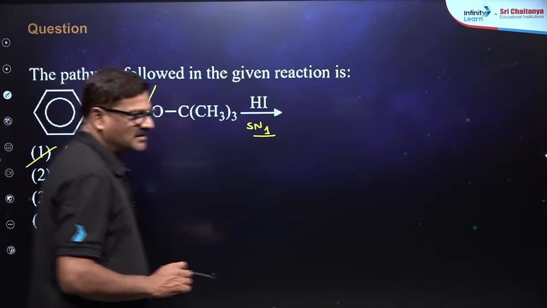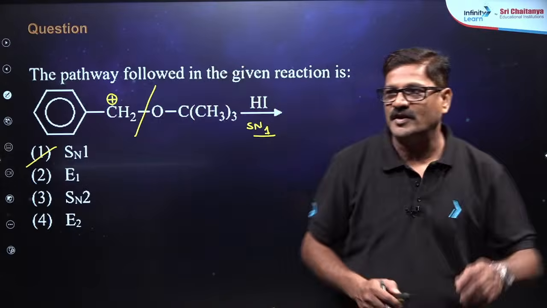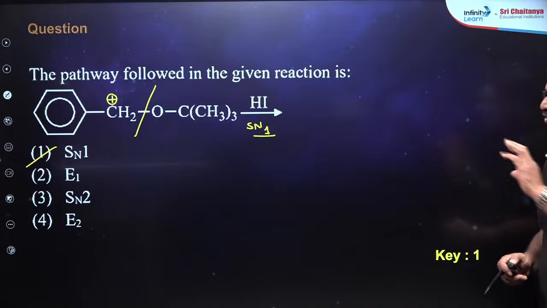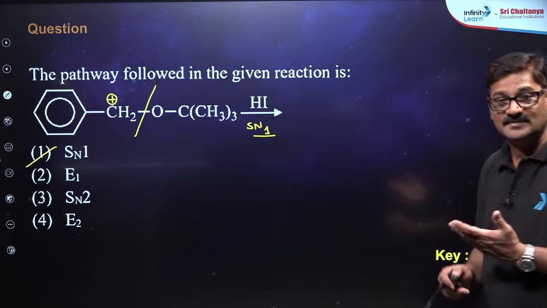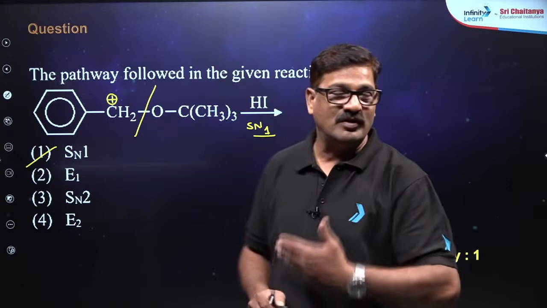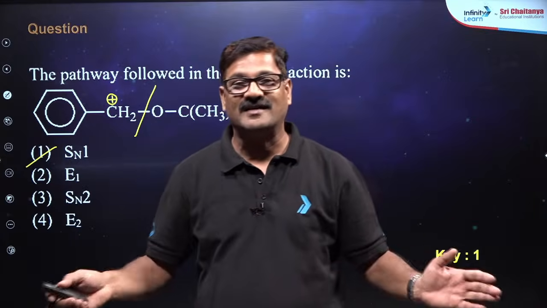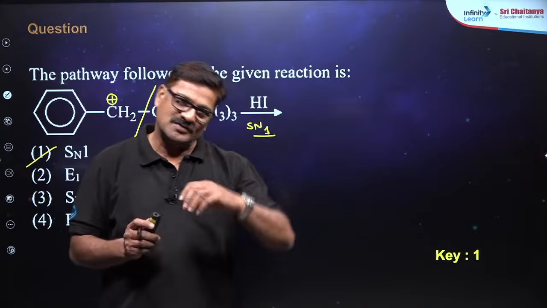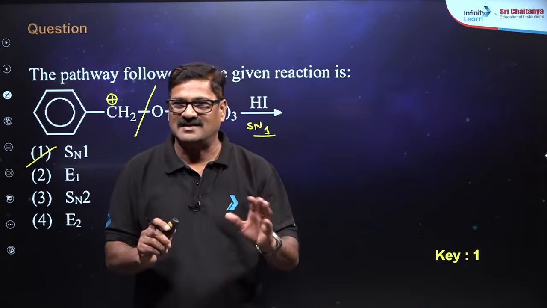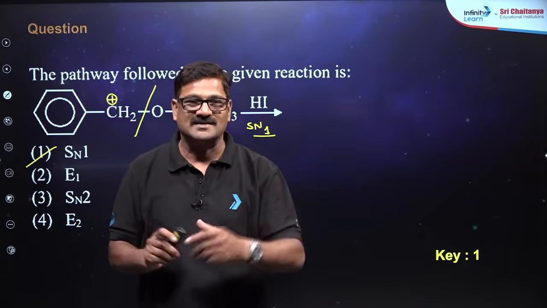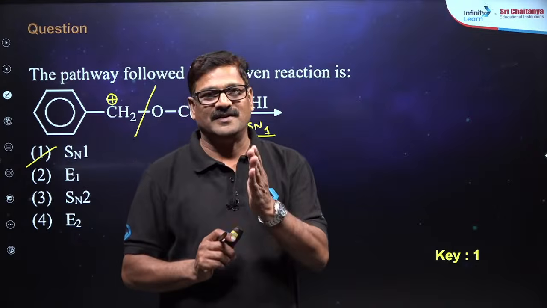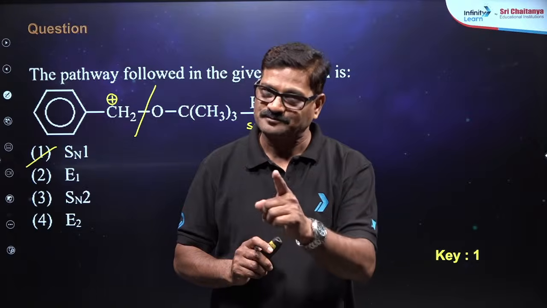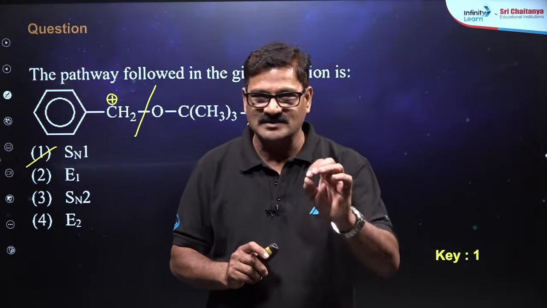It is going to be first order, SN1. Option 1 is going to be the answer. You want me to write the entire mechanism? In the NEET examination, you will not be asked to describe the mechanism. But one thing I can say clearly, whenever there is a possibility of formation of a carbocation, it will be SN1, right?